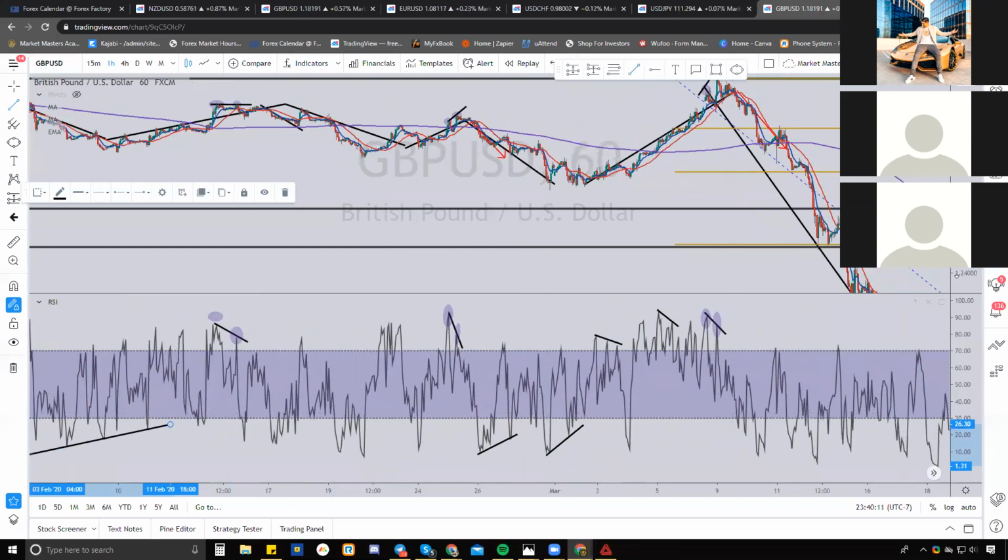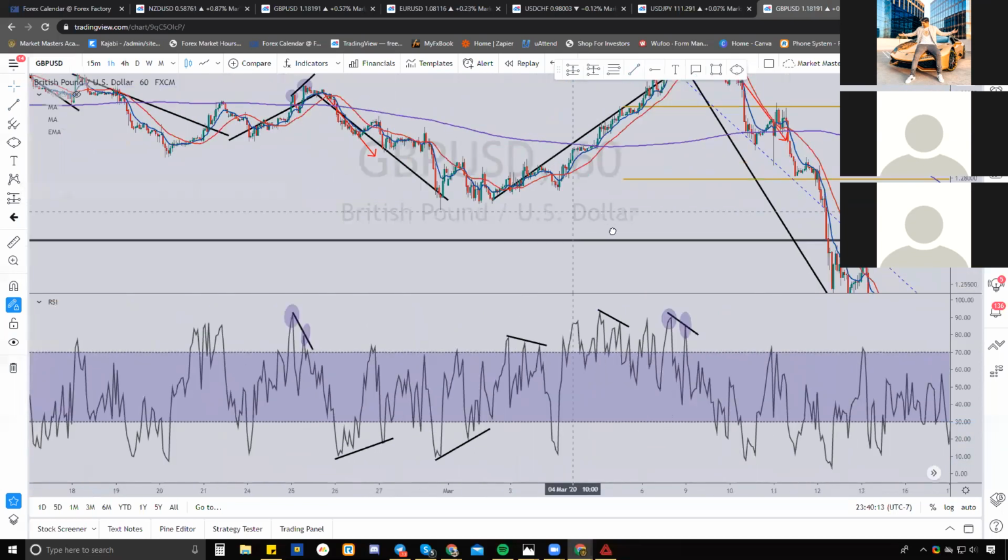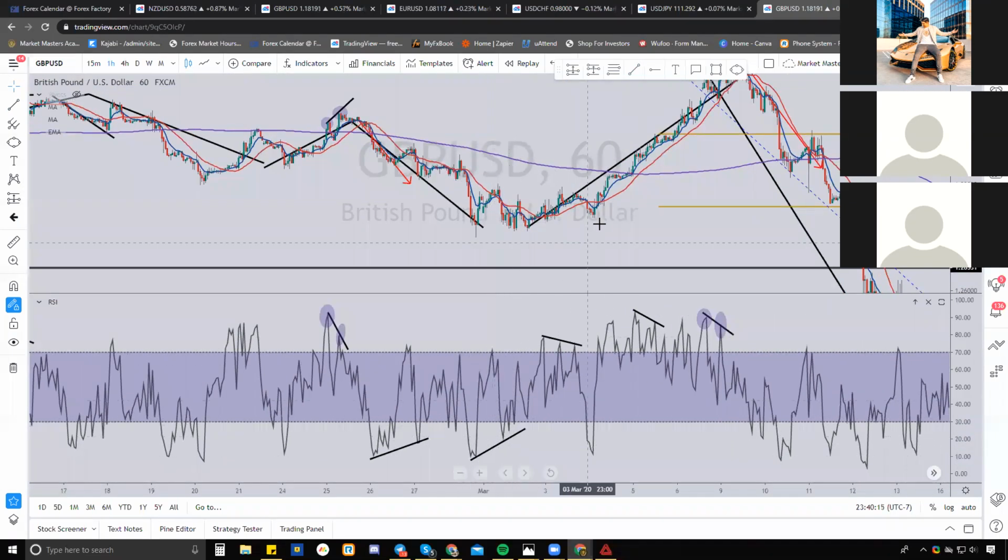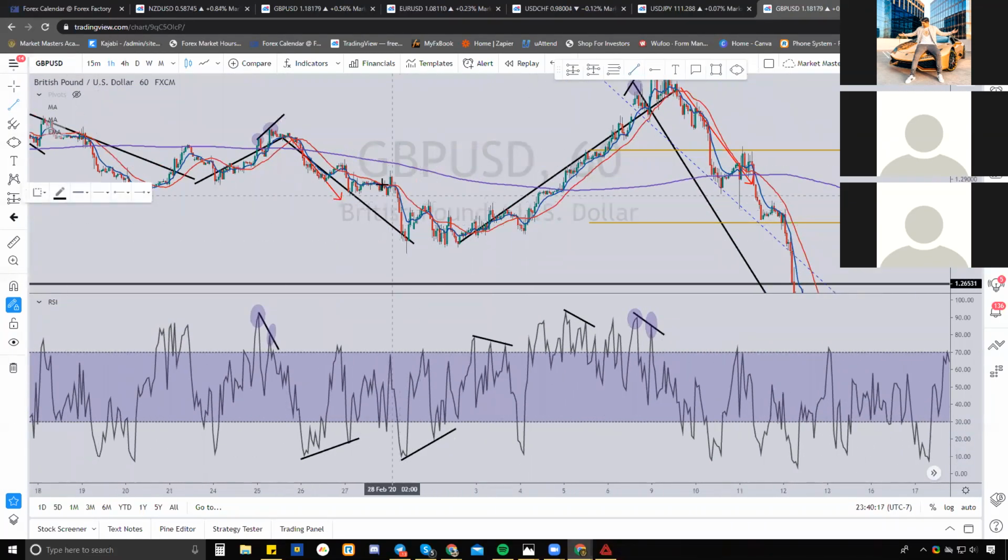Now let's look on the charts. So when it's below the 30 and we see a slant like that, this area right here, it's this point and this point. So below the 30, we're focused on the bottom of the price now, not the top of the price like we did above the 70. We're focused on the bottom of the price. Now, if we see right here, price is pretty much going evenly.